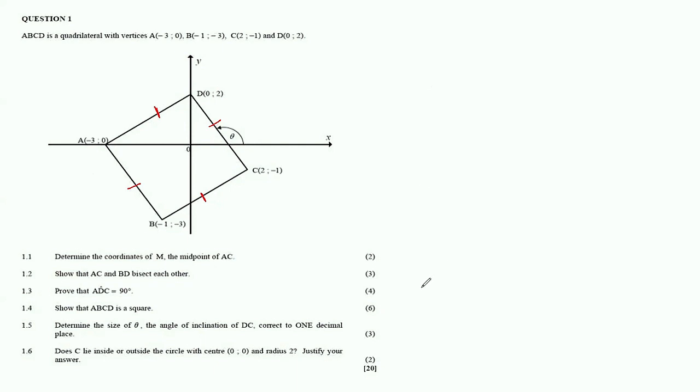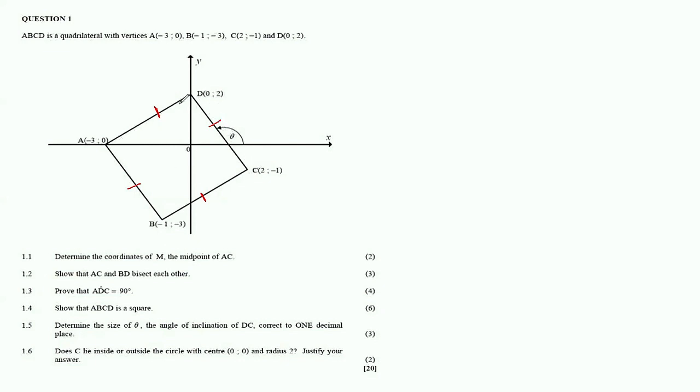Okay, but obviously that would be very much a waste of time here, because looking at this diagram, we can only suspect that if it is not a square, it's a rectangle, right? So in order to disprove that it is a rectangle, I would just calculate side AD and then side DC.